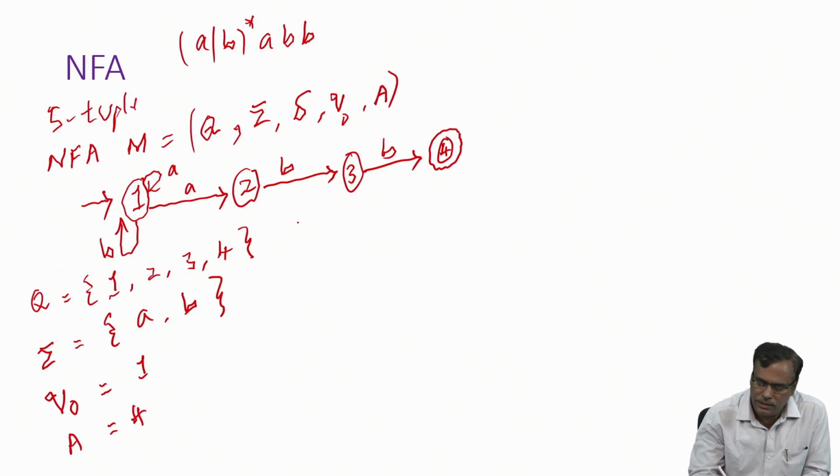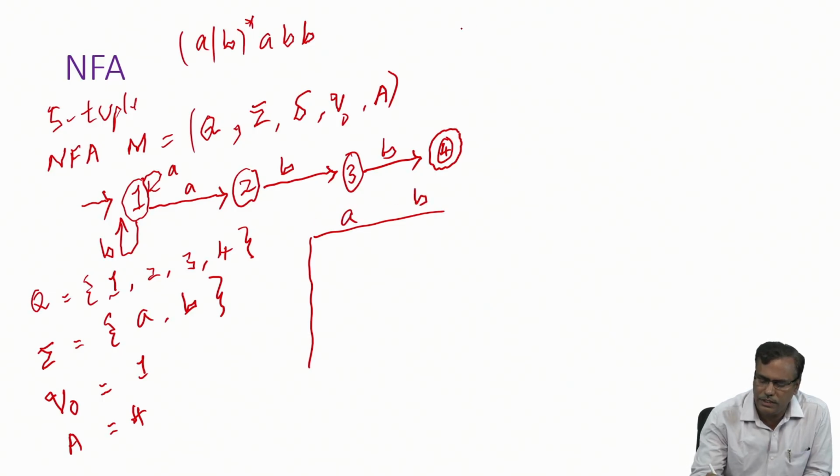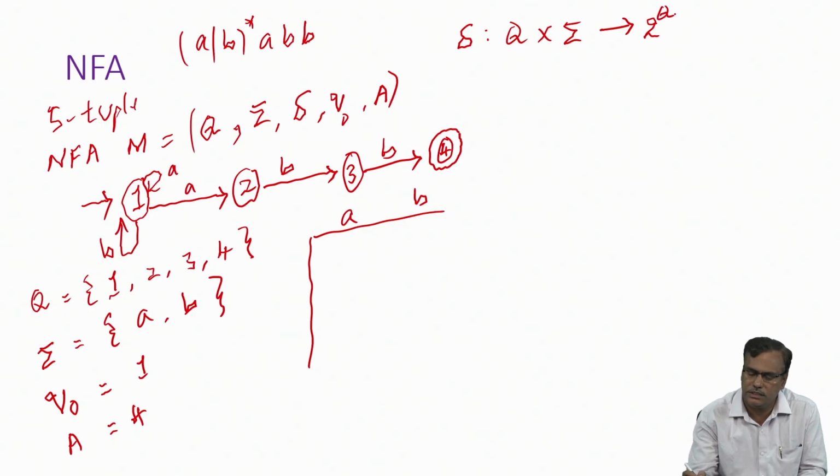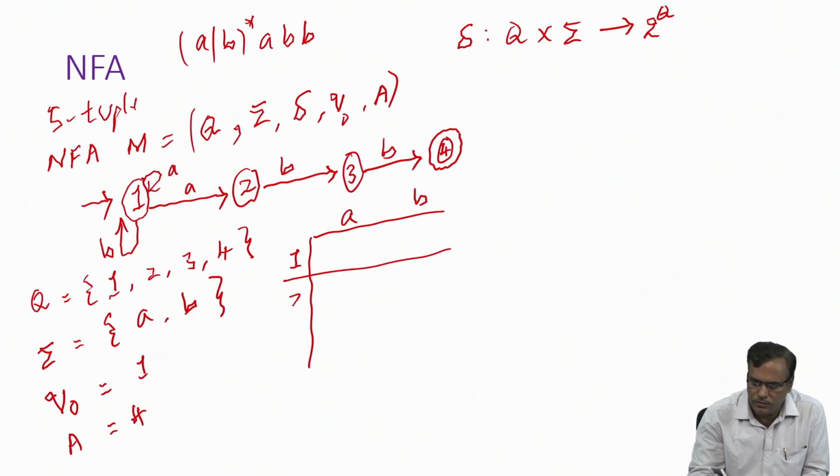Now I am going to tell you about the transition function. The transition function of this NFA is delta, that is, Q cross sigma giving 2 power Q, the set of subsets of Q. So here the states are 1, 2, 3, 4.